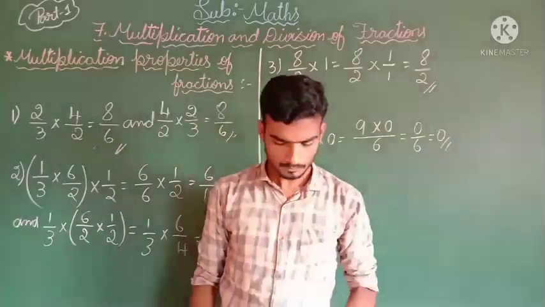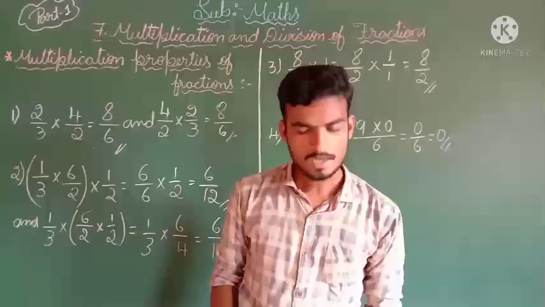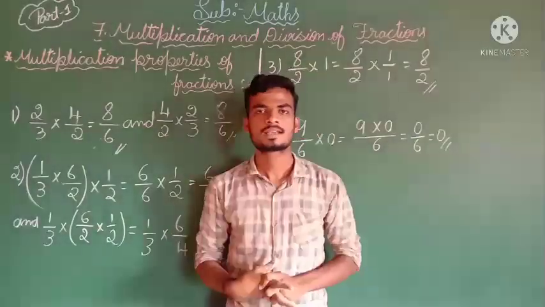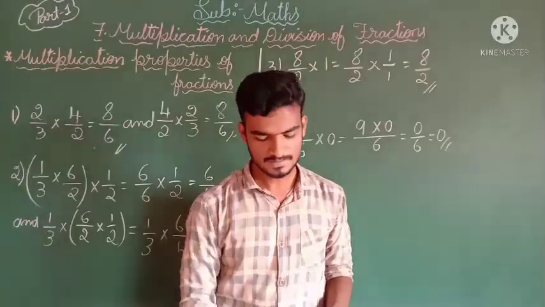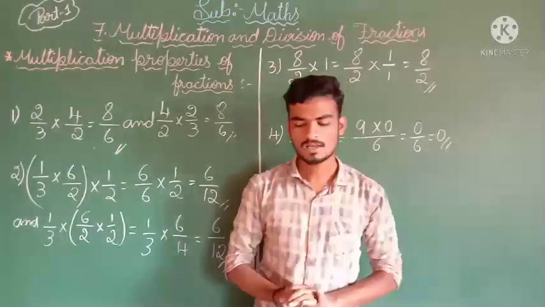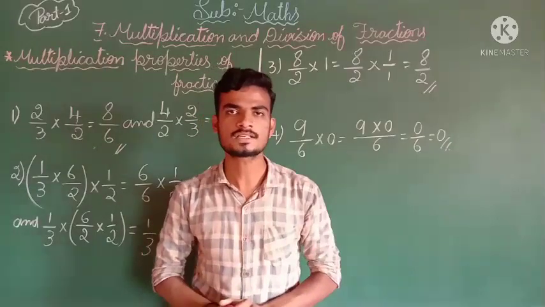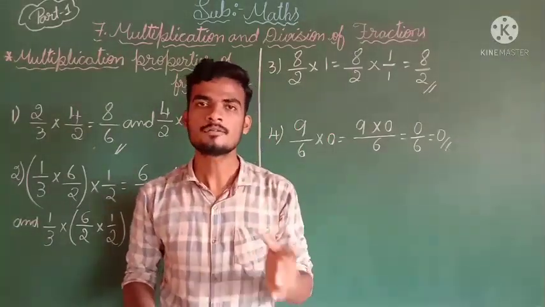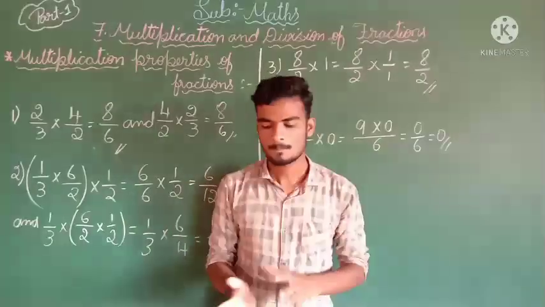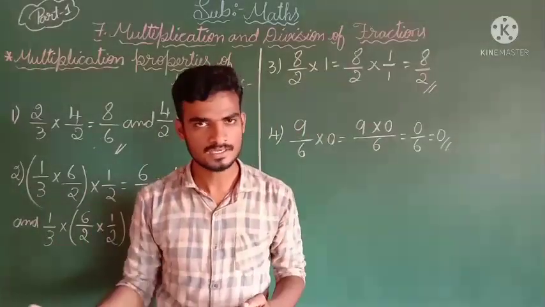Okay, dear students, this is all about today's class. In today's class, we have discussed a few topics. First, multiplication of fractions: multiplication of a whole number with a fraction. After this, multiplication of a fraction by a fraction.